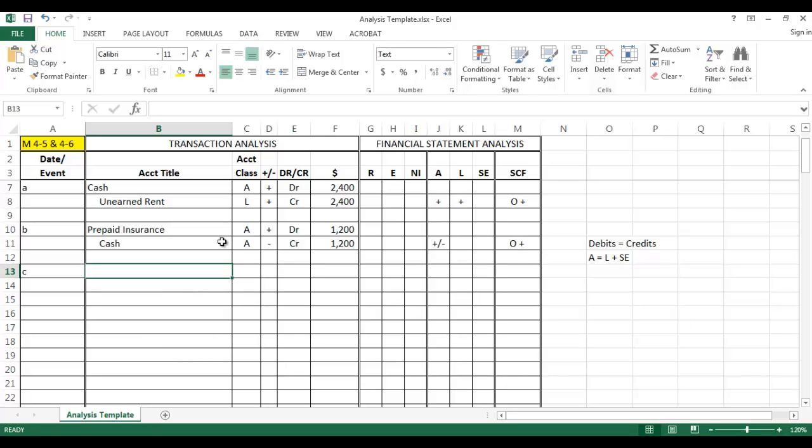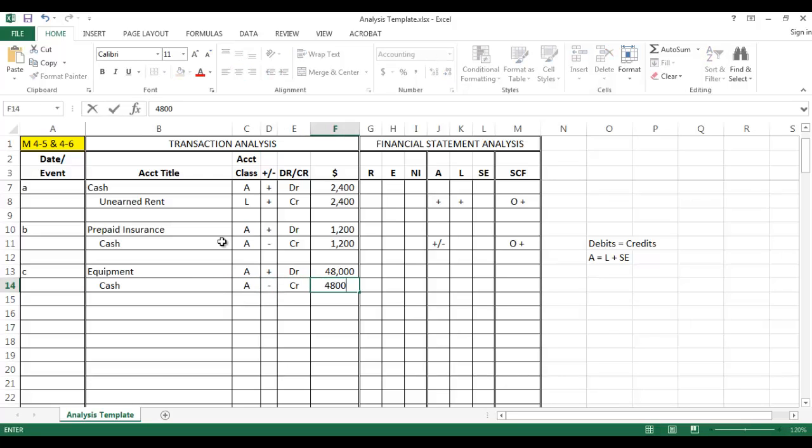Letter C says that we used a machine purchased on December 1st, 2012 for $48,000, and the company estimates annual depreciation of $4,800. So here on December 1st, when we actually purchased that machine, keep in mind that we'd be increasing some equipment asset account for $48,000 and presumably decreasing cash in that same amount.